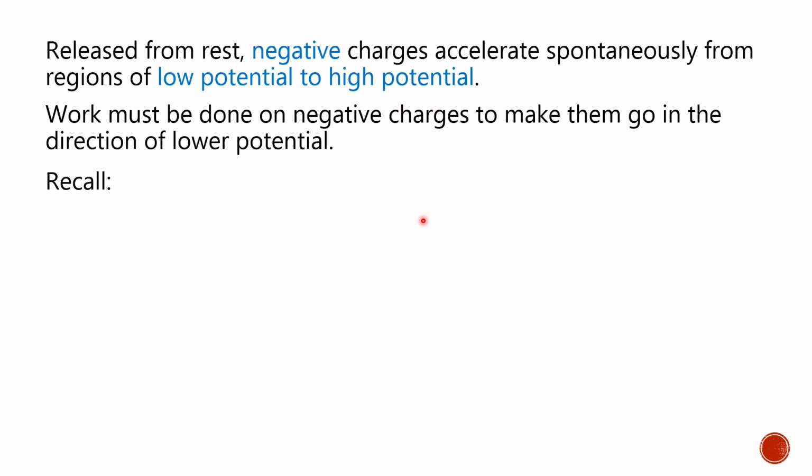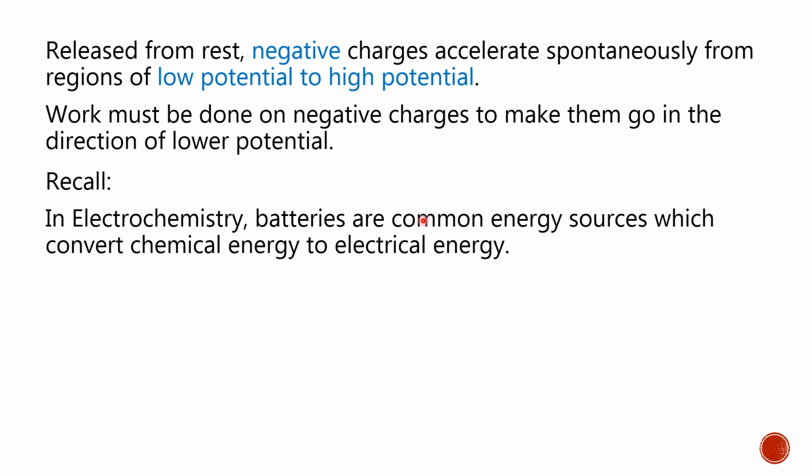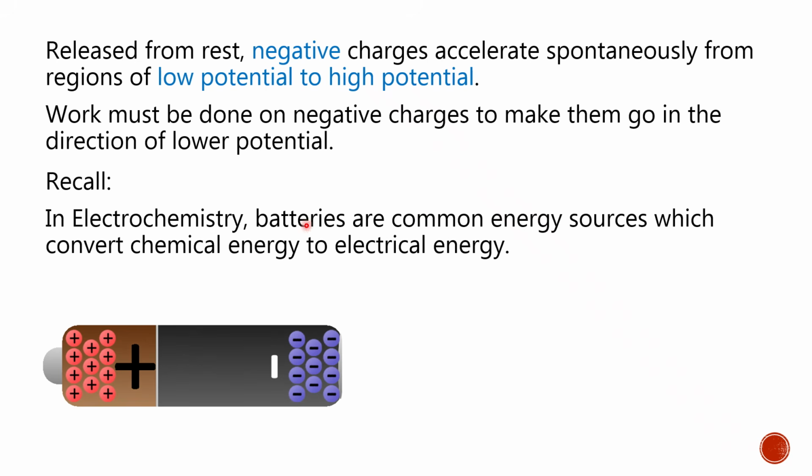So this is why batteries work the way they do. In electrochemistry, we know that batteries are common energy sources which convert chemical energy to electrical energy. In a battery, the positive and the negative charges are separated. The negative charges are at the negative terminal and the positive charges are at the positive terminal.